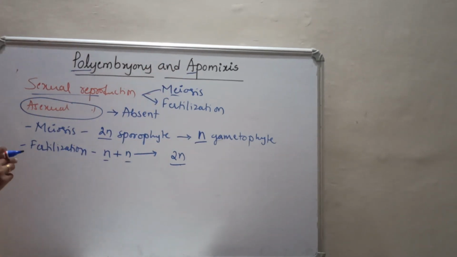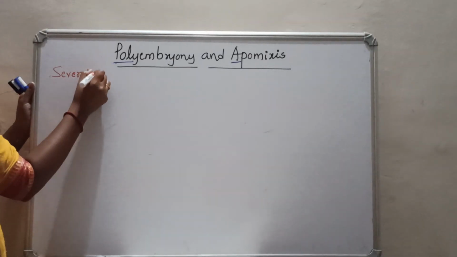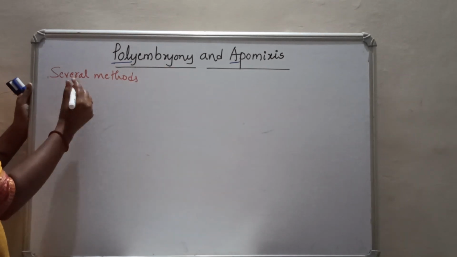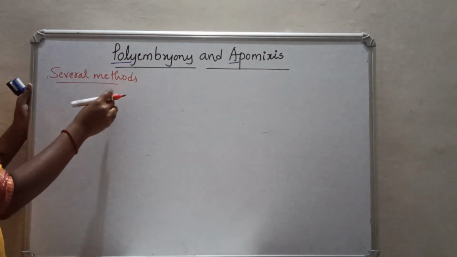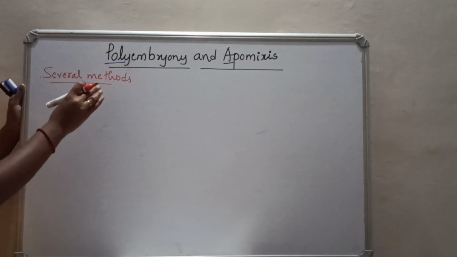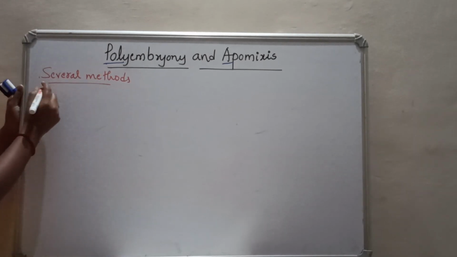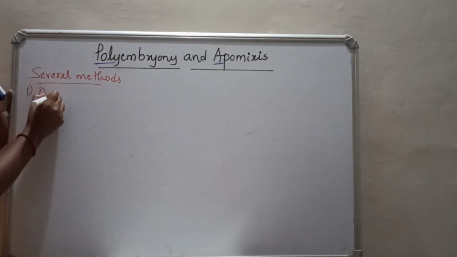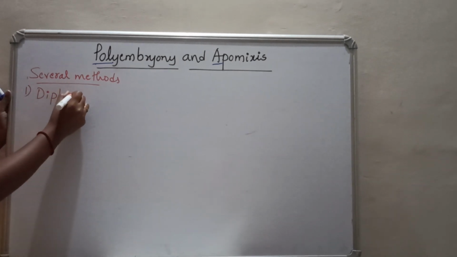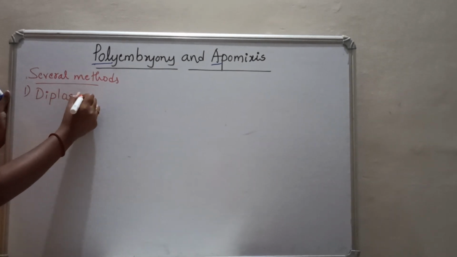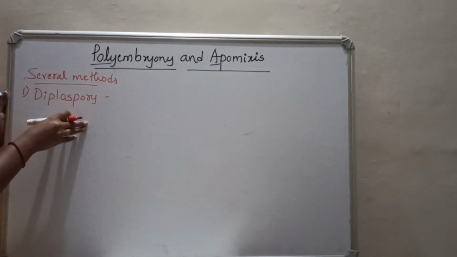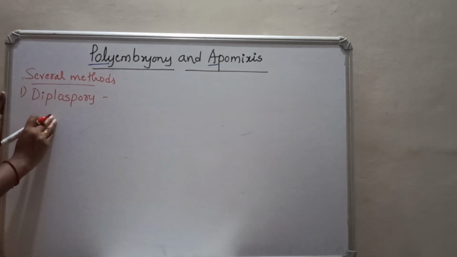How are the apomictic seeds formed? Several methods are involved, and I am going to discuss only the important ones. The first method is diplospory, which is a common method.